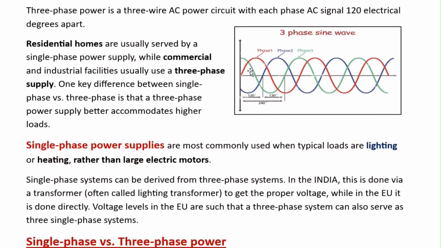So this is how this three-phase voltage is seen in this three-phase graph. The current profile also follows the voltage profile. So current profile is also of the same nature.